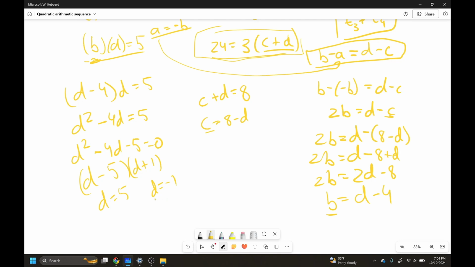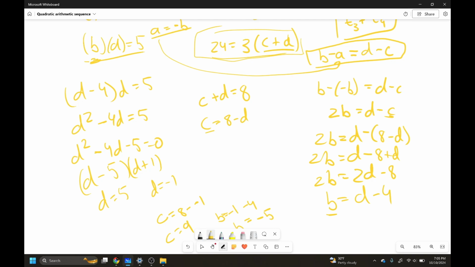So let's just work through it. Let's take d is equal to -1 first. If d is equal to -1, then c is equal to 8 minus -1, which is 9. And we know b is equal to d minus 4, so b must equal -1 minus 4, which is -5.